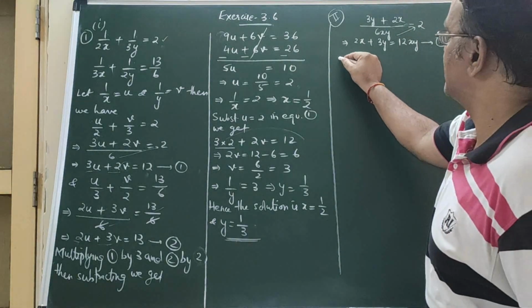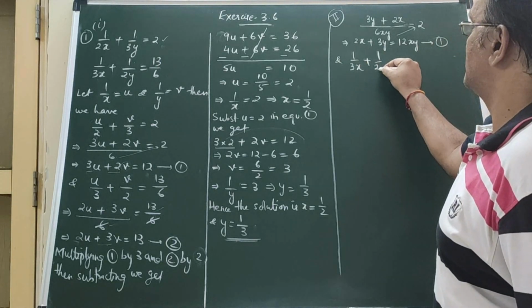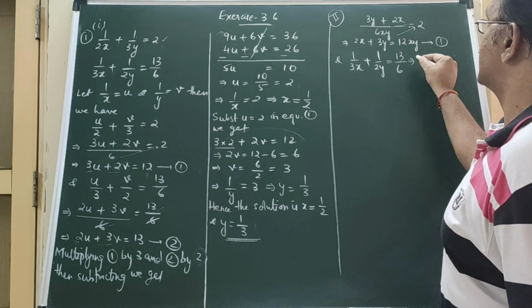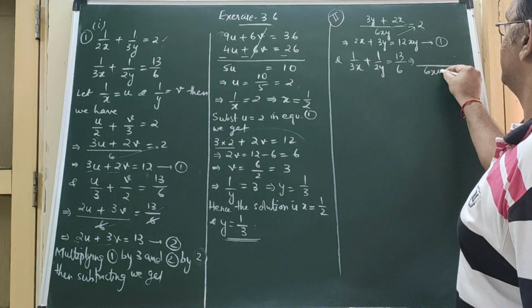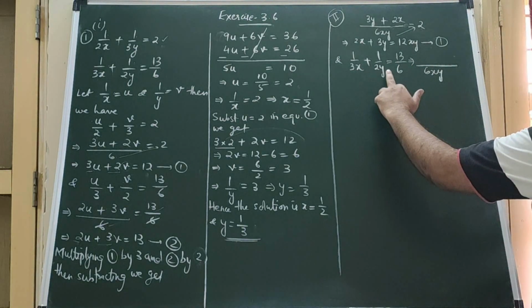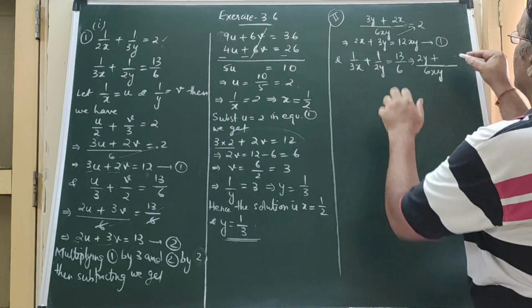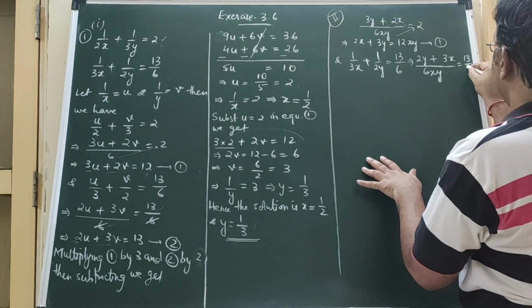अब second equation: 1 upon 3x plus 1 upon 2y is equal to 13 by 6. Now I am taking LCM directly without substitution. So this will become 6xy, 6xy ये हो जाएगा 2y. This will become 3x and whole equals to 13 by 6.